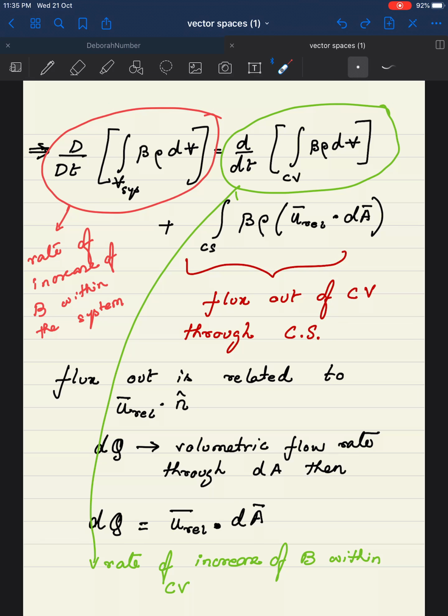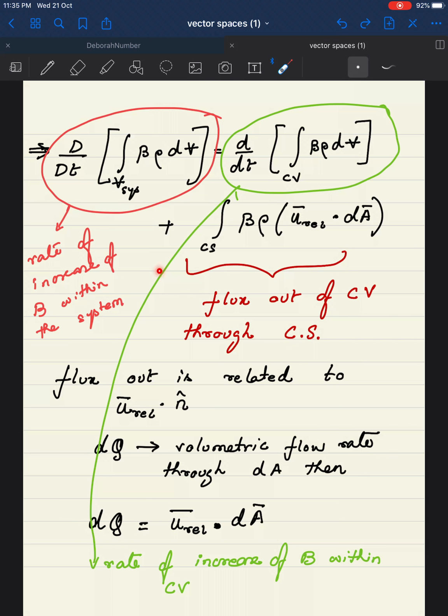This makes sense, right? The net rate of change within the system is related to that of the net rate of change inside the control volume along with the control surface. And this equation right here is our very important equation, and this is called the Reynolds transport theorem.